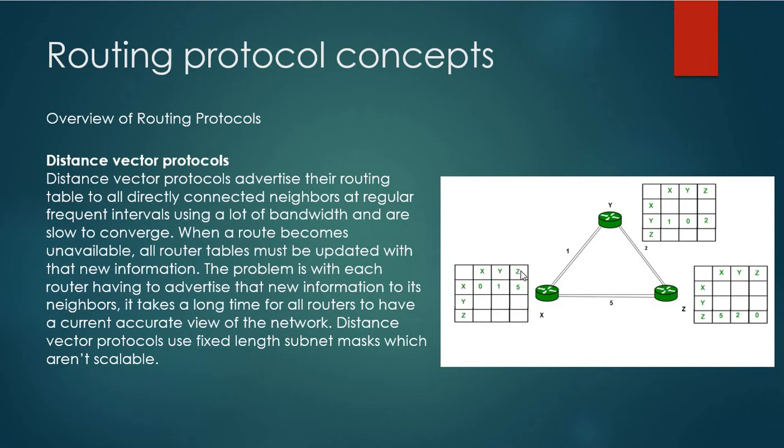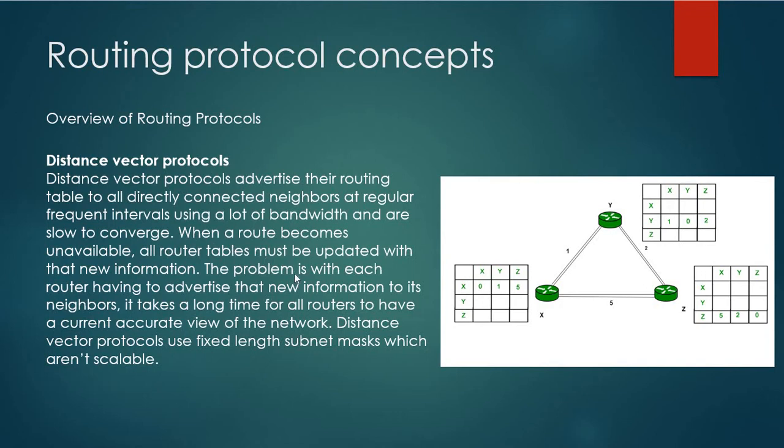And from X to Z, it is 5. The distance vector is 5 from X to Z, and so on. These are the tables maintained by the routers with the distance vector of each and every adjacent router.